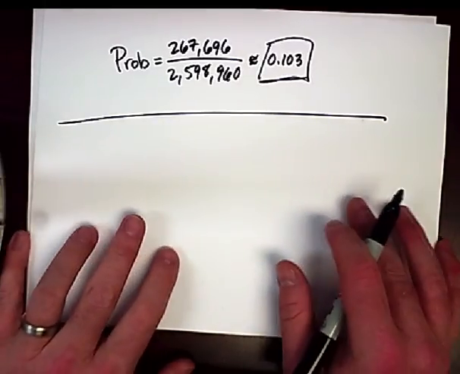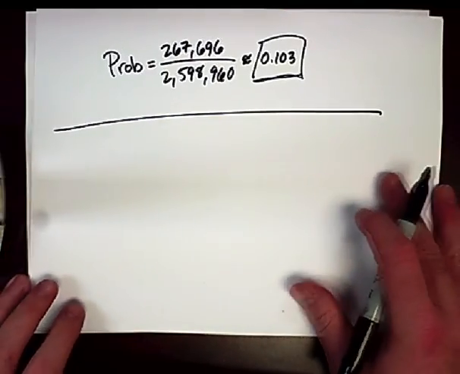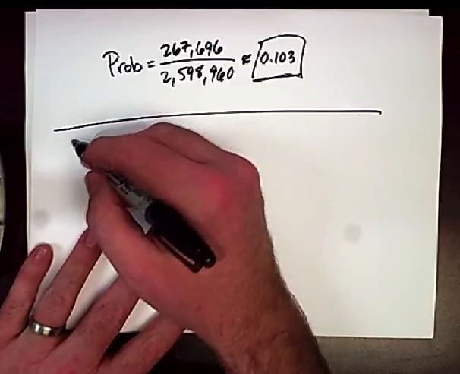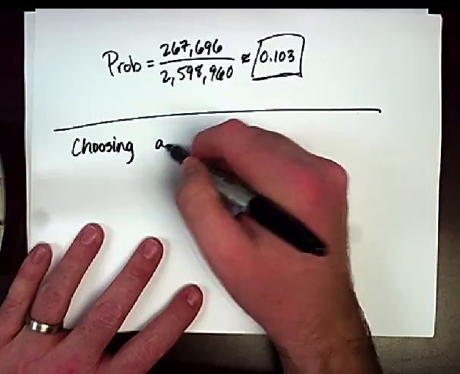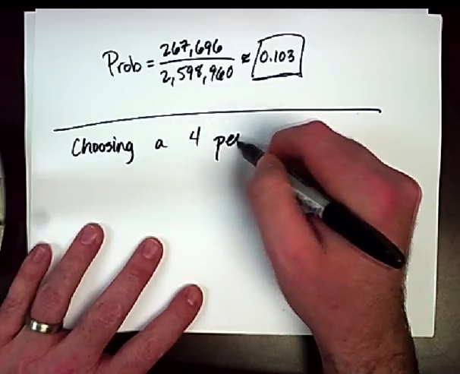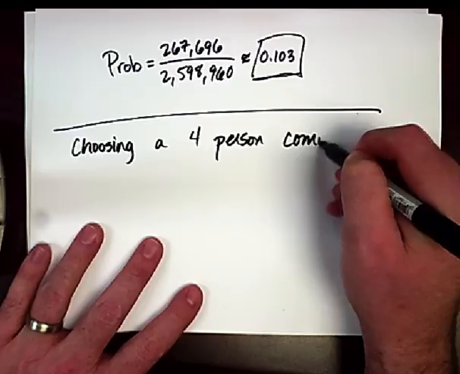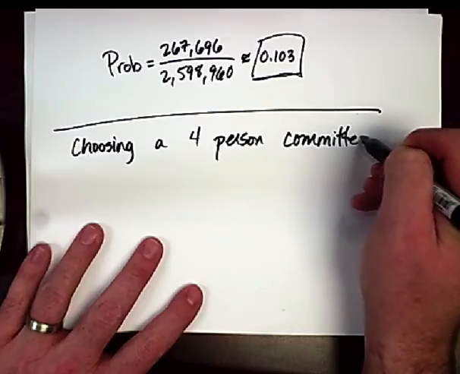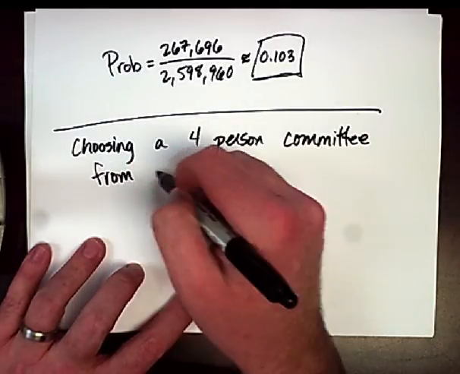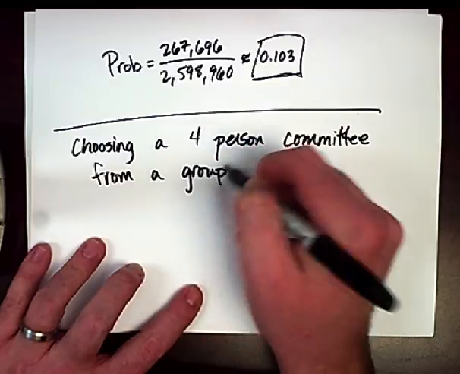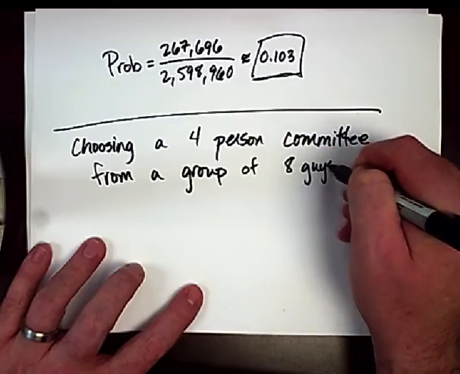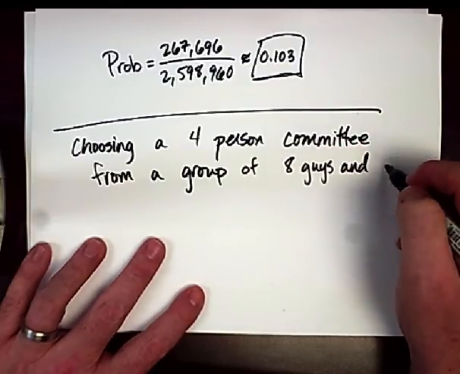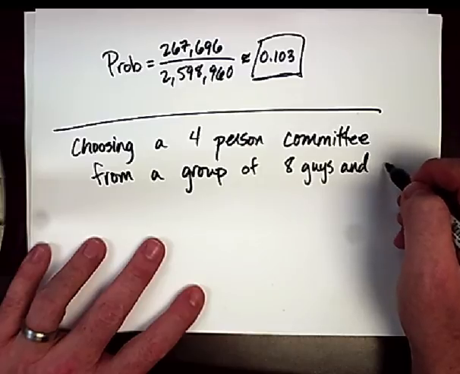So let's say that you are choosing a 4-person committee from a group of 8 guys and 10 girls.